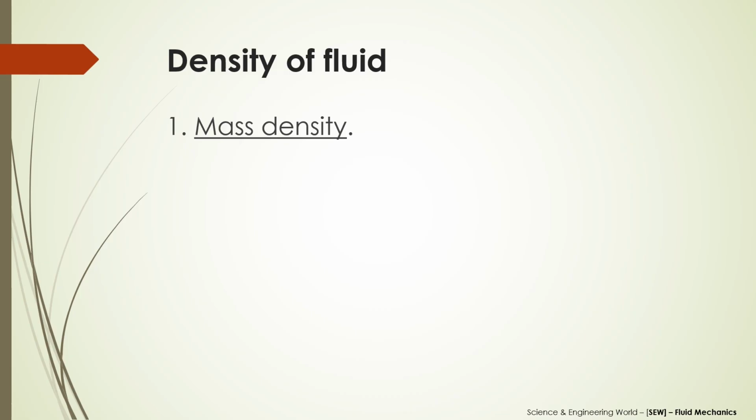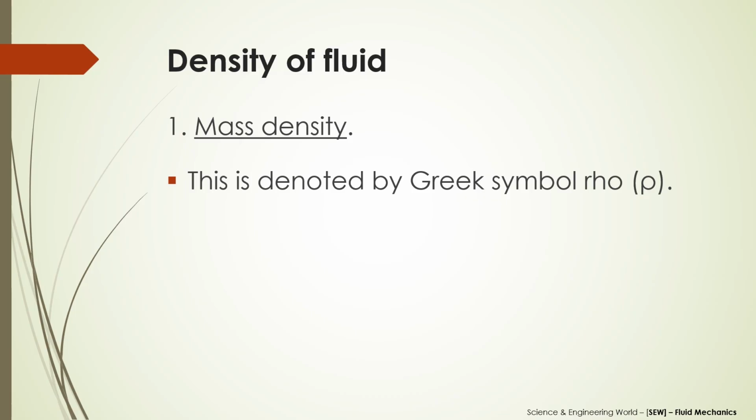Density is a significant property of any substance, and it is very important to fluid mechanics. So we're going to look at it in detail. There is a Greek letter, rho, that we normally use to represent it. And what is density?